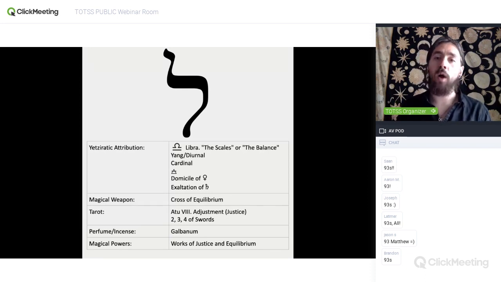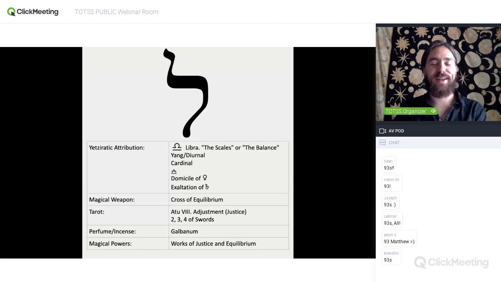And so here we can think of the Cross of Equilibrium as just the symmetrical and balanced arrangement of the temple and of the objects on your altar. And if you ever had the fortune or misfortune of setting up a temple space with another group of ceremonial magicians, you will see the Cross of Equilibrium in great effect.